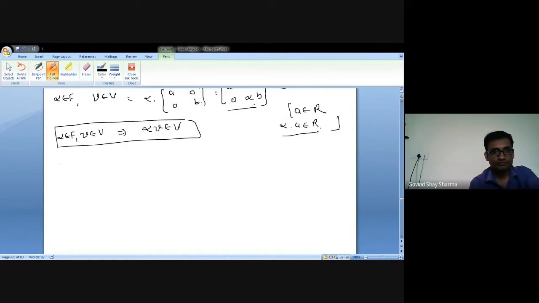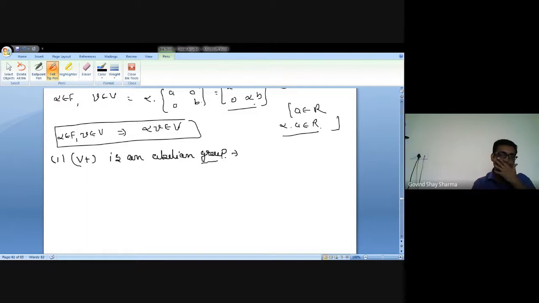First we have to show V with plus is an abelian group. So we see that the closed property we have already shown.